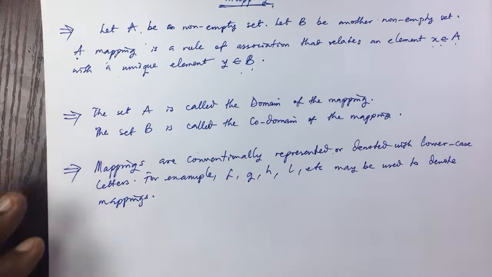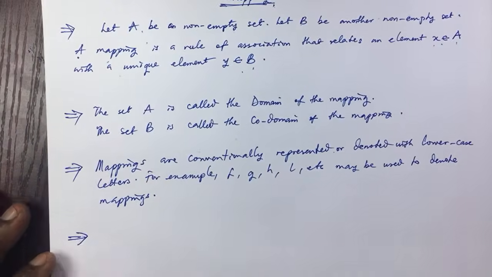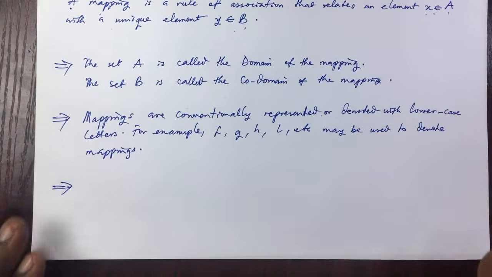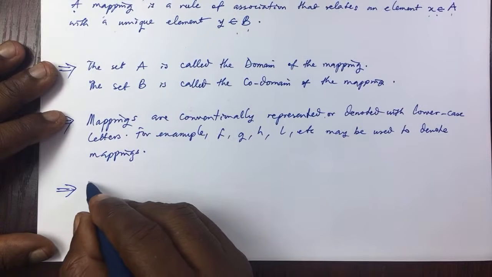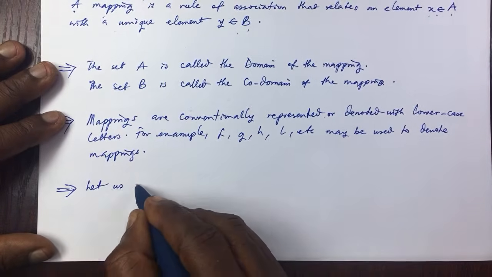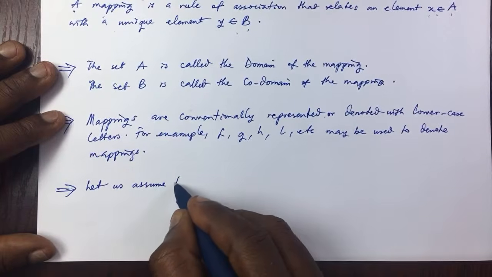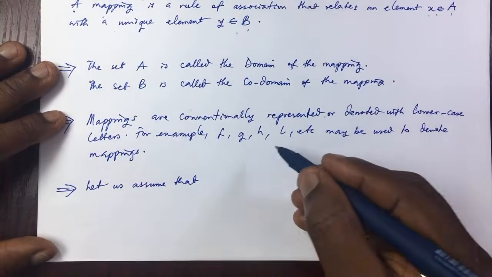Okay? Now, let's go to the fourth thing I would love to say in this particular lecture. Now, let us assume that we chose out of f, g, h, and l.